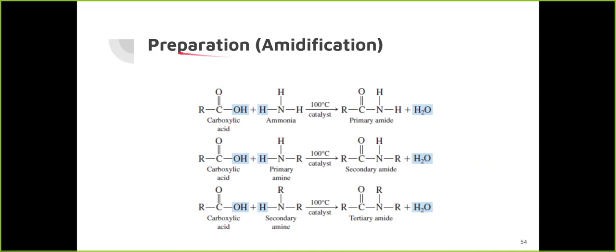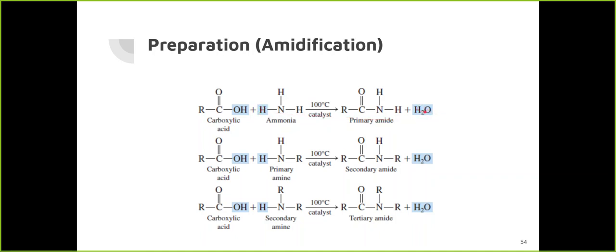So preparing amides, this is called amidification. You can take a carboxylic acid, so we have RCOOH, and it can react with ammonia, NH3, and you form water here with the OH from the carboxylic acid and one of the hydrogens from the ammonia.